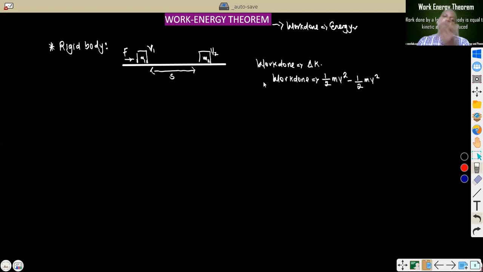You understand why I'm taking it, because we have 2 different cases. We plot the same mass, but the velocities are changing, so we can just put our V1 and V2. You can factorize if you want. And this is what we talk about for a rigid body: there is only a change in the kinetic energy of the body, which is equal to the work done by the body.